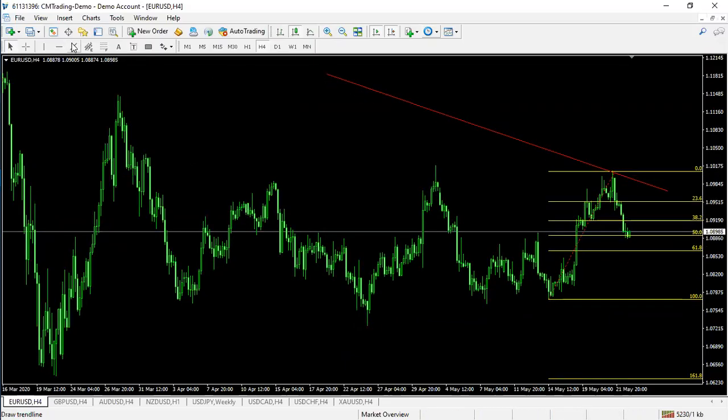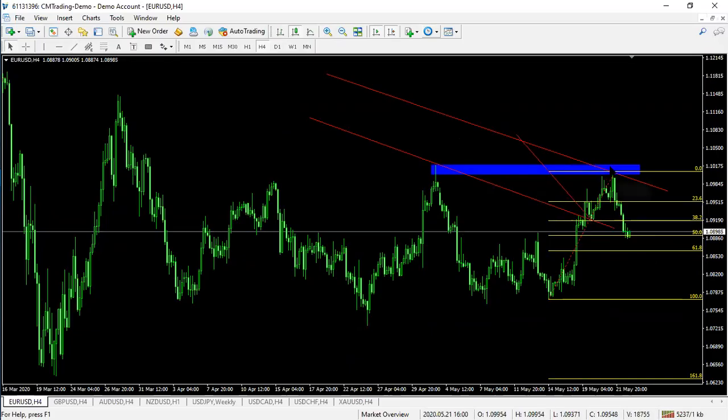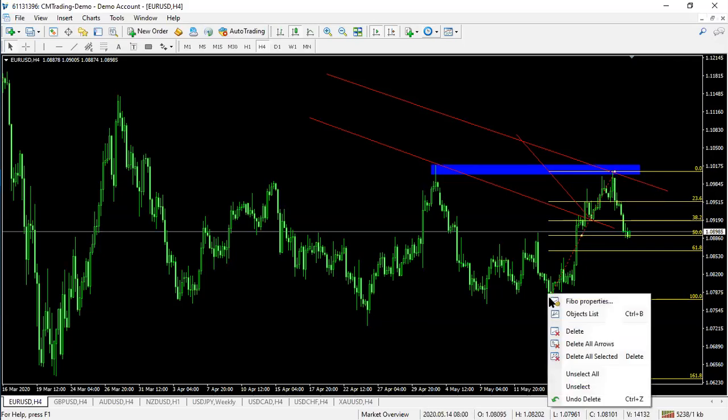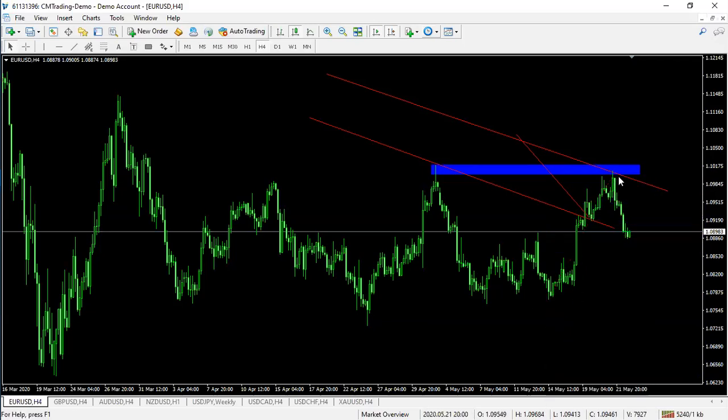If you have a downtrend and we have a supply and demand zone somewhere here, then this market was moving like this. So you definitely expect your market, when it reaches this point, to reverse. You see that? Yes, yeah.